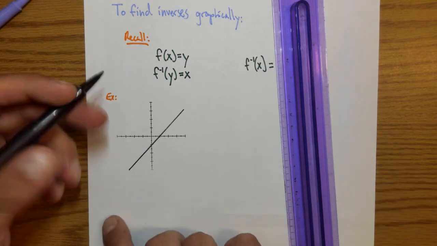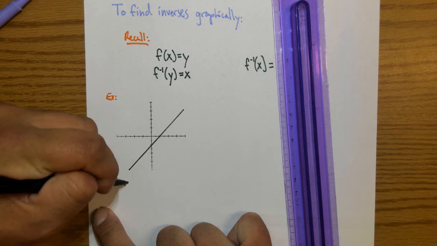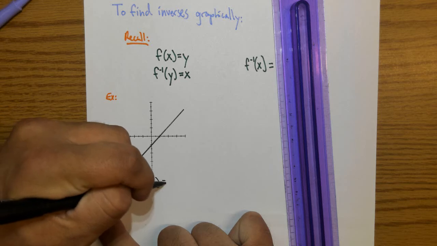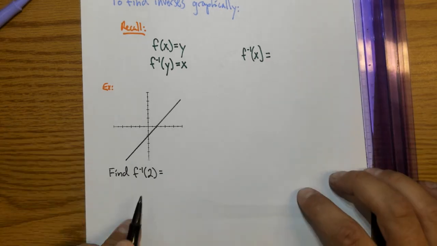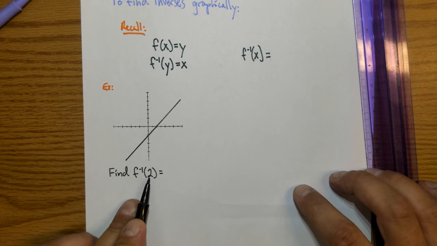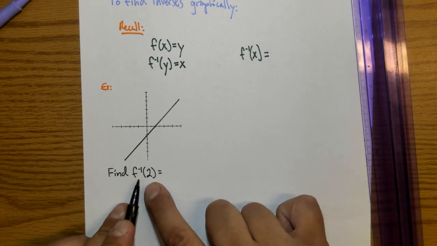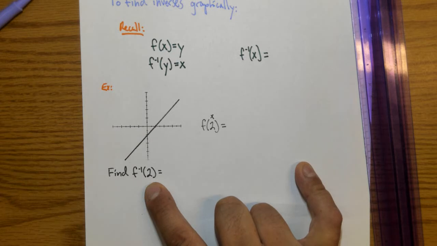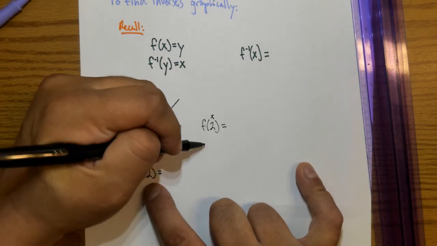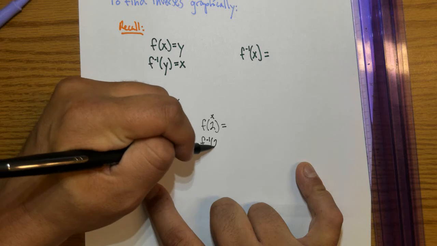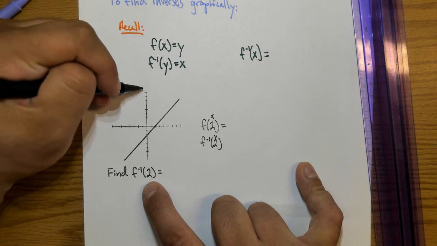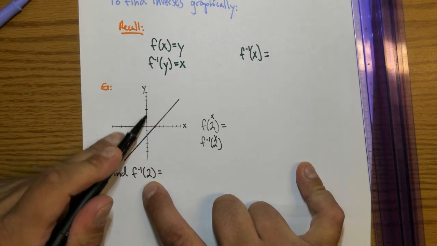And we are tasked, we want to find f inverse of 2. Well, think about what f inverse of 2 is. This 2 is not, normally when we have something like this, f of 2, this is an x, isn't it? But remember the f inverse, when we're talking about f inverse of 2, that's really a y. So what we want to do is we want to look at our y-axis.